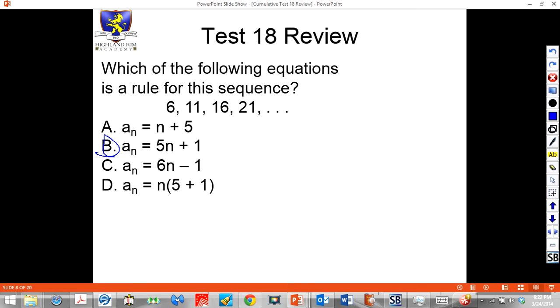And then finally, you've got a sub n is equal to n times 6. Now the first one is 6, but when n is 2, then you've got 12, and that eliminates itself also. So by elimination, you can see that the answer is going to be b. So go and do some testmanship here and work your way through this.